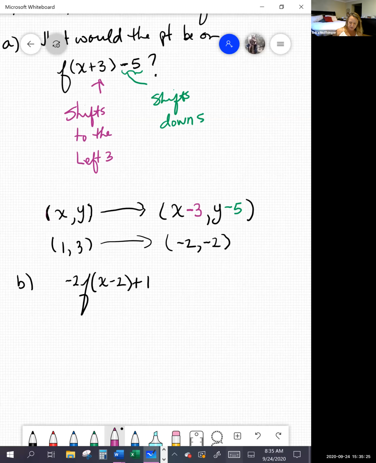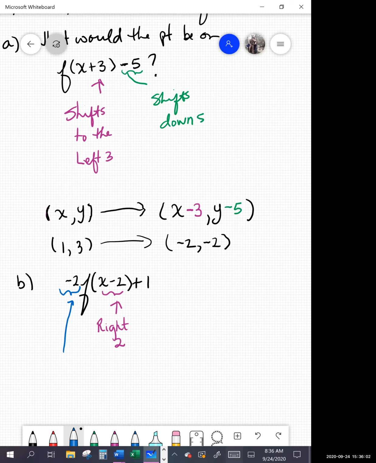Here, the minus 2 is telling us right 2. Vertical shifts are the last thing you do. And so what is that minus 2 doing to this? Is that affecting the x value or the y value of your point?